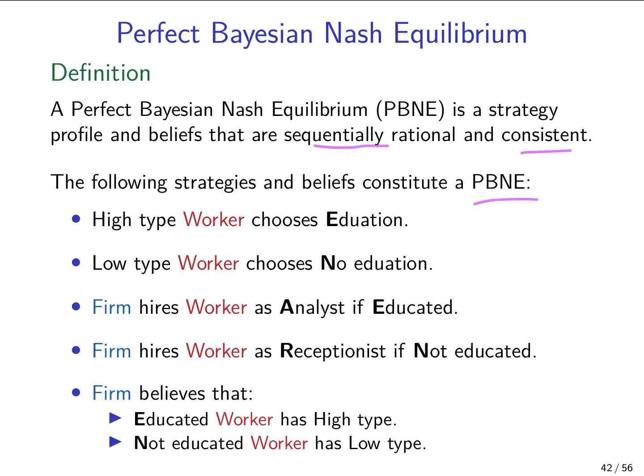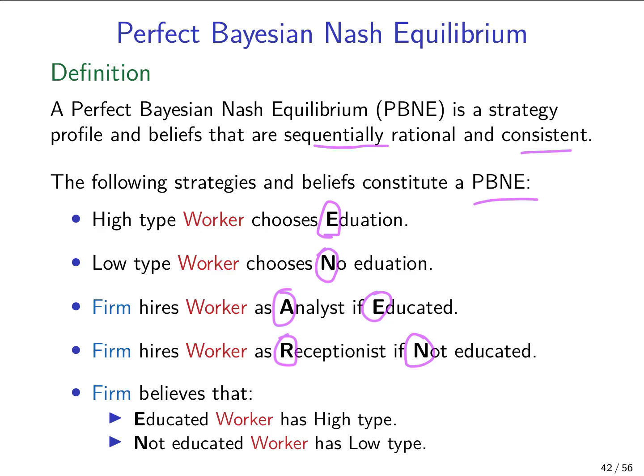In this equilibrium, the high type worker would choose to have education, and the low type worker would choose to have no education. And the firm would hire the worker as an analyst if it observed that the worker has chosen education, and as a receptionist if the worker has chosen to not have education.